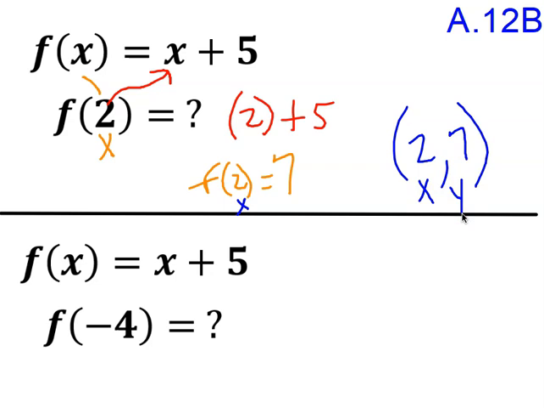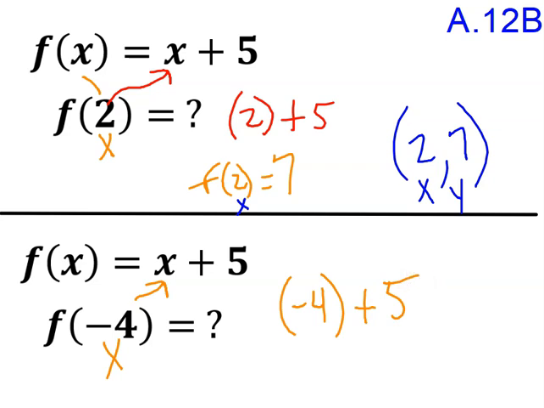Still got the same function, f of x equals x plus 5, but this time I want to find f of negative 4. So this is my x value, so it's going to go right there where the x is. I like to use parentheses when I'm substituting in, just because there might be something on the outside of the x, or the x might be squared.